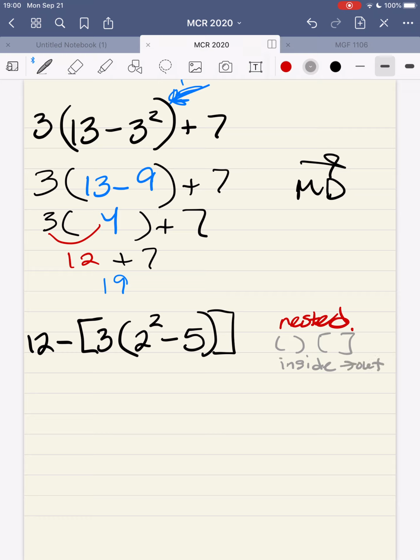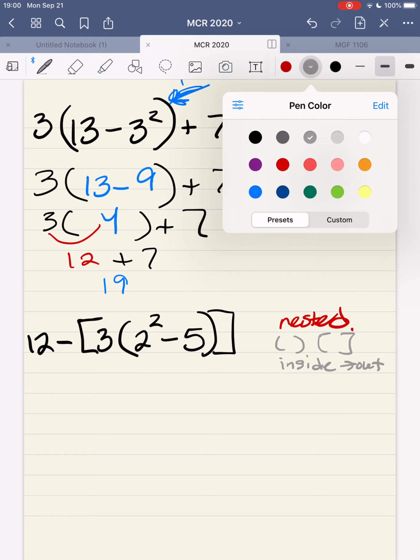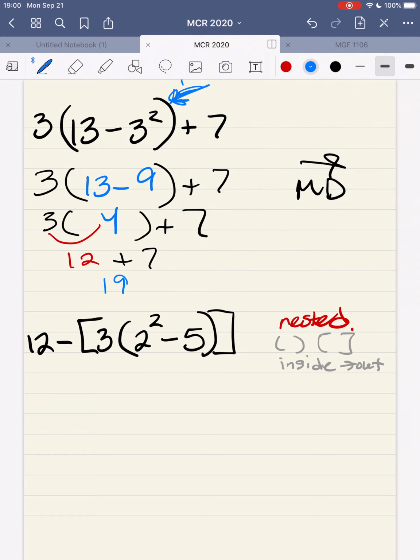Okay, so we want to look at our innermost grouping symbols, and work to the most outer. So within these I have a set of brackets, and then I have a set of parentheses here. These parentheses are inside the brackets, so we want to work with this first. So the rest of the problem is just out there. Okay, we don't have anything else going on.